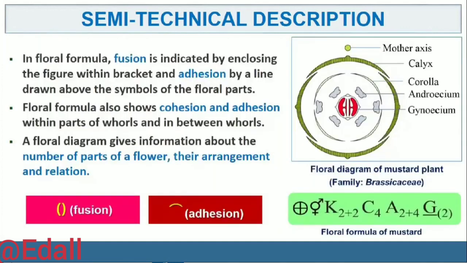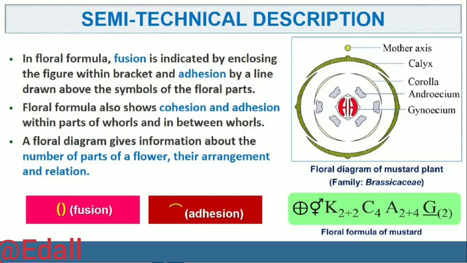Fusion is indicated by enclosing the figure within bracket and adhesion by a line drawn above the symbols of the floral parts. A floral diagram provides information about the number of parts of a flower, their arrangement and the relation they have with one another.